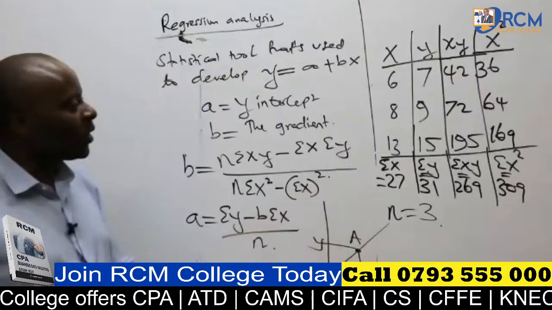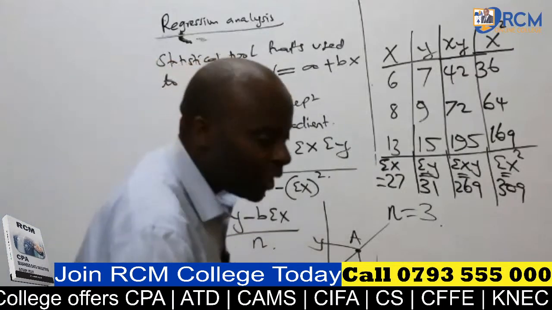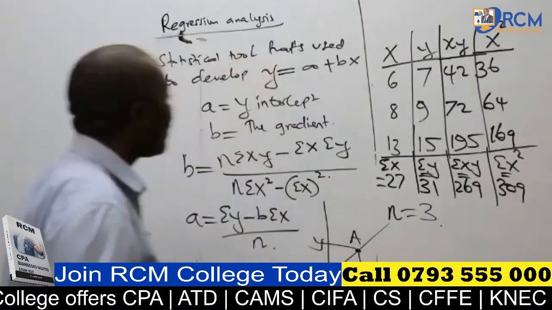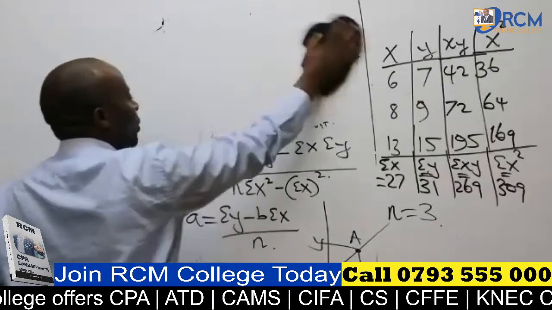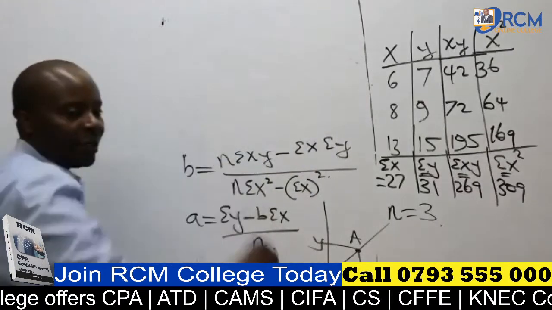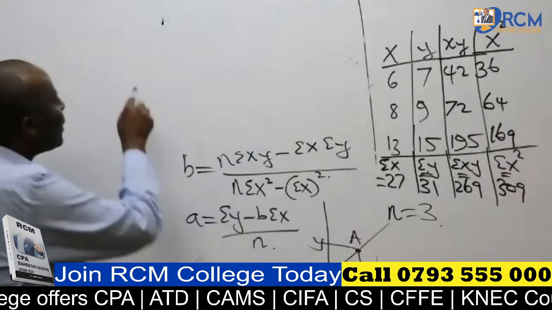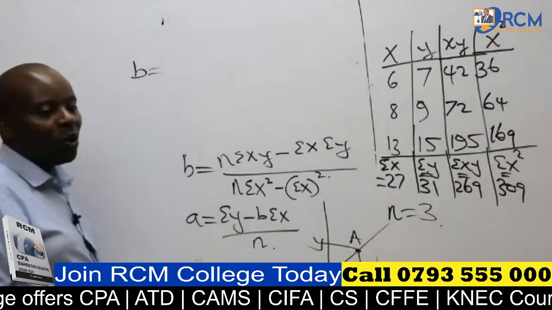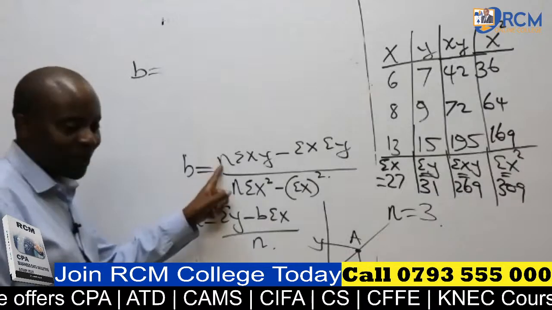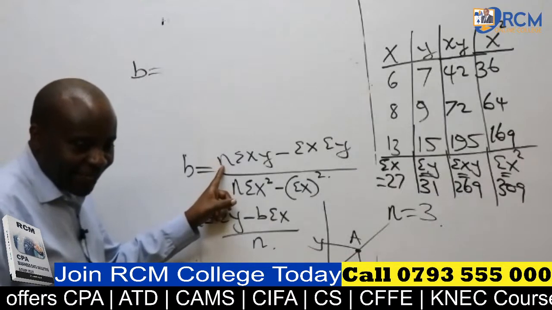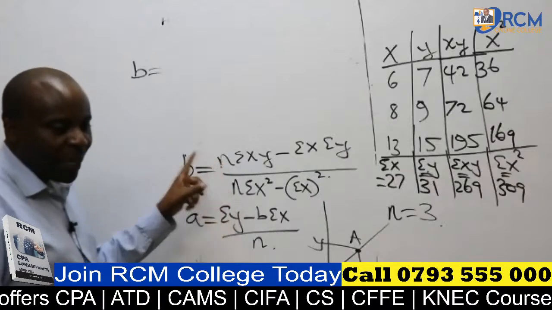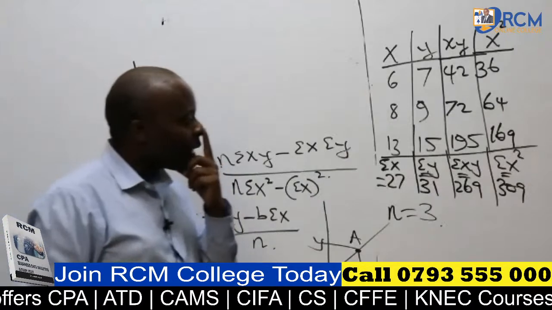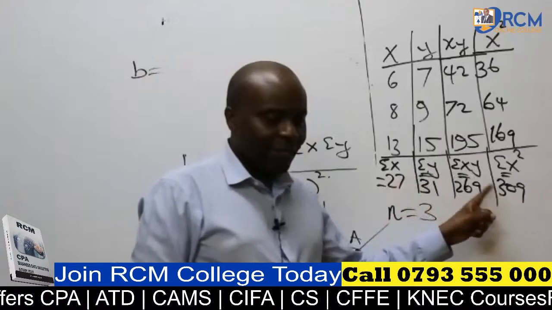The next thing now is to plug in the values that we have in the formula. Please come and give me the value of B. Somebody look at this. They want me to start with n. Oh, Brian tells me to interchange 269 and 309.